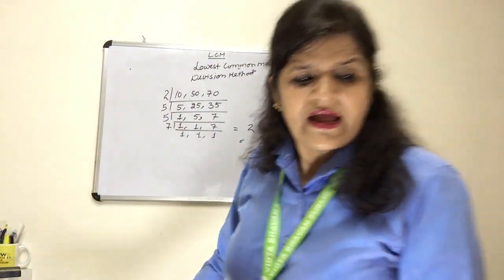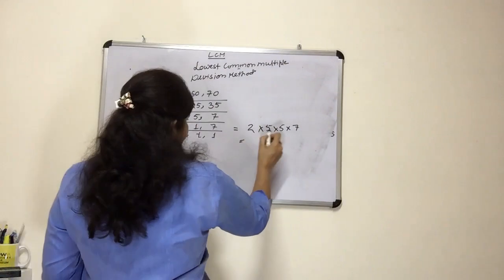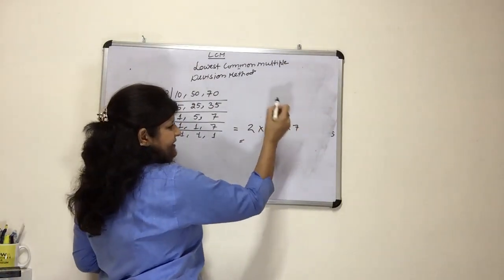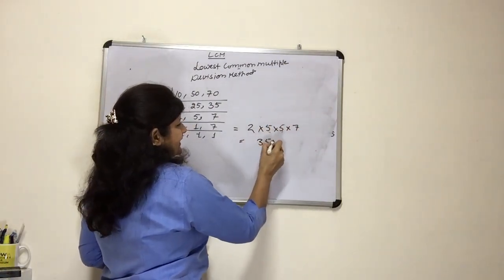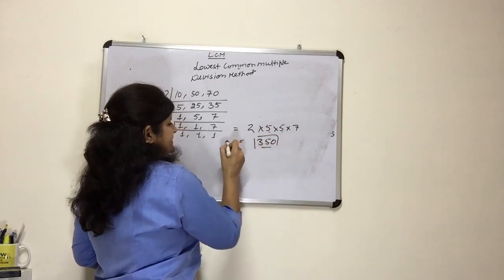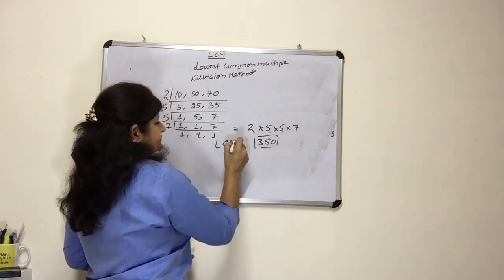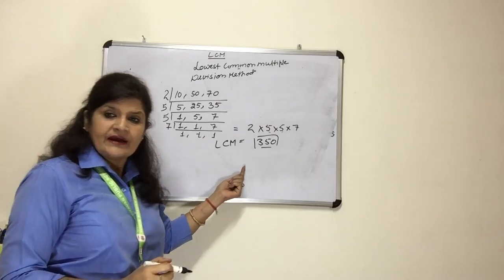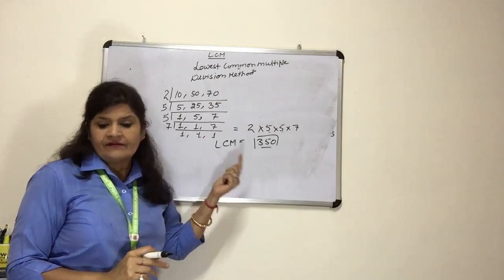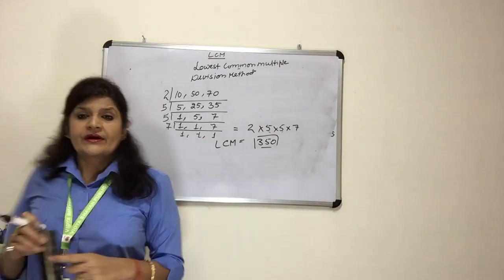We do the multiplication of all these and get the answer. 2 5s are 10, 10 5s are 50 and 50 7s are 350. So the LCM will be 350.